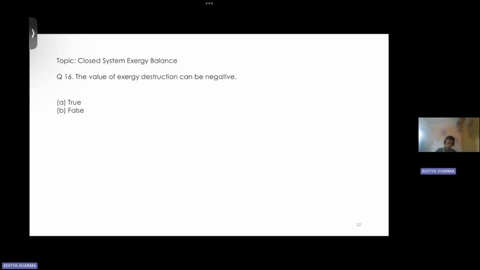It talks about exergy destruction, and then it says that it can be negative. So exergy destruction is because of irreversibilities, and the mathematical expression for it has entropy production in it, right? So it is basically T naught into sigma, right?